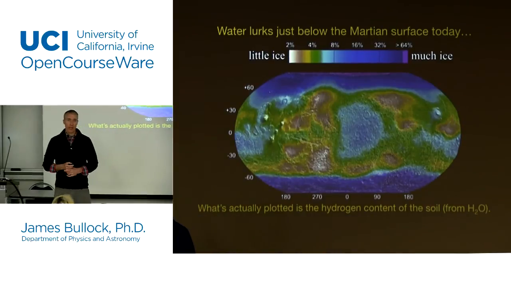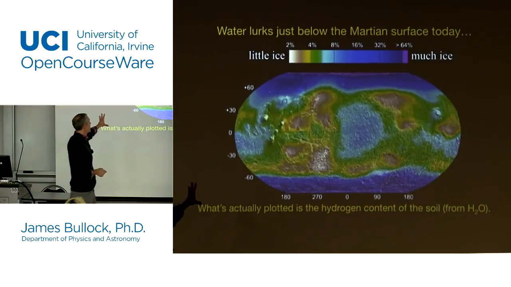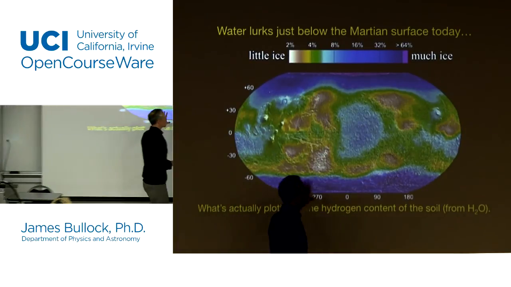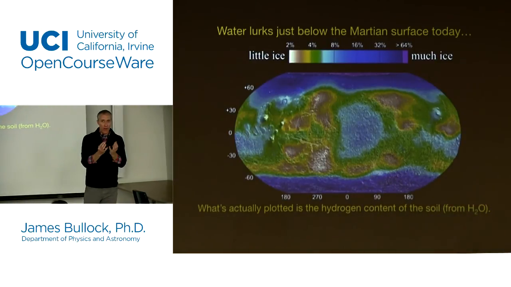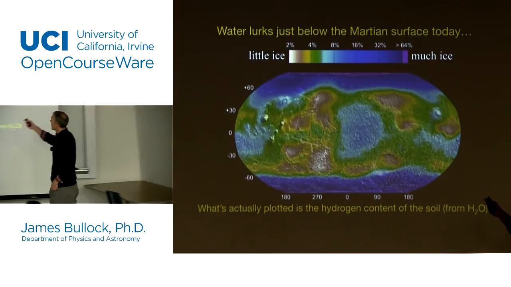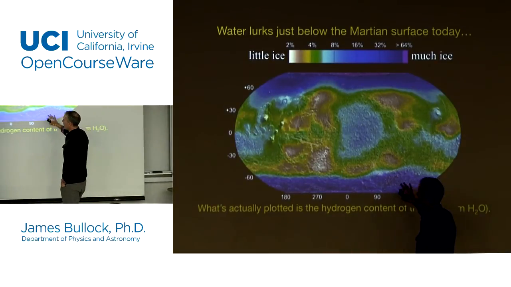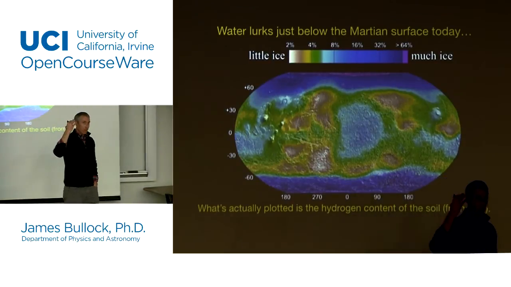The other thing that we're quite sure about is that there's all kinds of water locked beneath the surface of Mars right now. So this is actually a map of water beneath the Martian surface. Really, it's water ice, so it's frozen water ice that we think is locked into the surface of Mars. And in fact, the purple and blue is where we have a lot of ice. So you can see here on the polar ice caps, there's a lot of ice there.